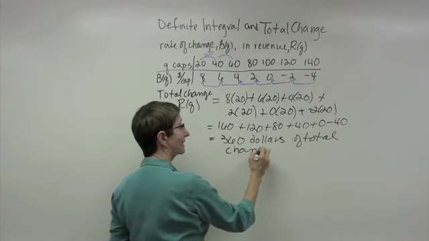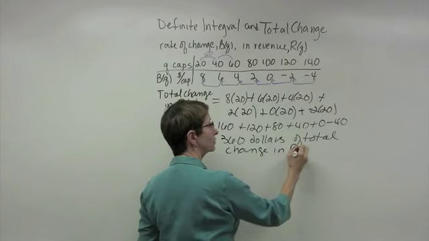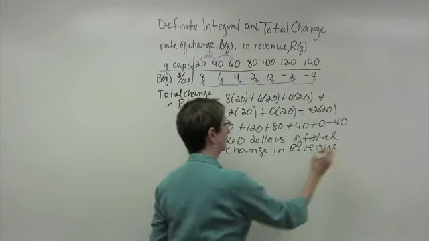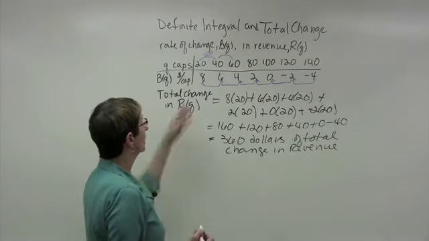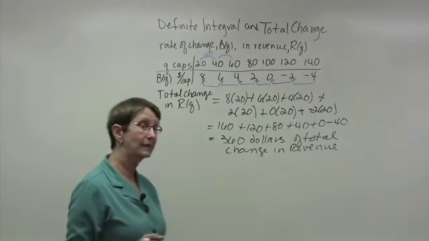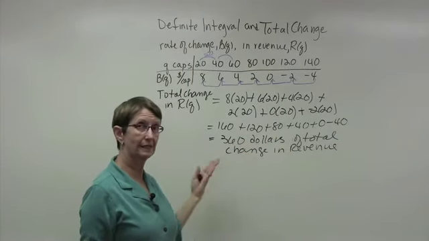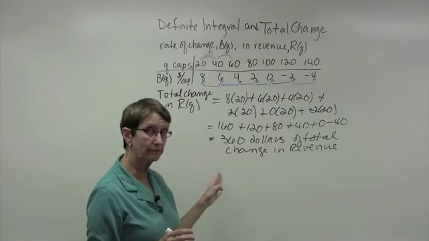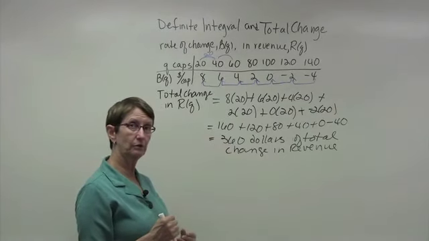And another way to say that is that revenue increased $360 over the time period that we sold from 20 to 140 caps. Revenue increased $360. This is not total revenue. This is the increase in revenue.